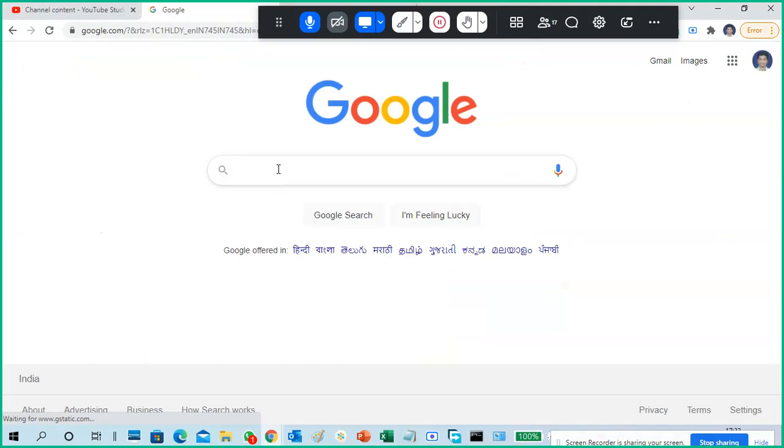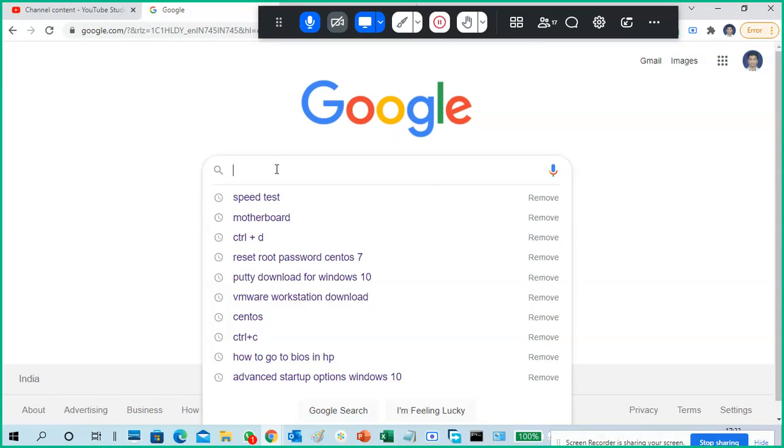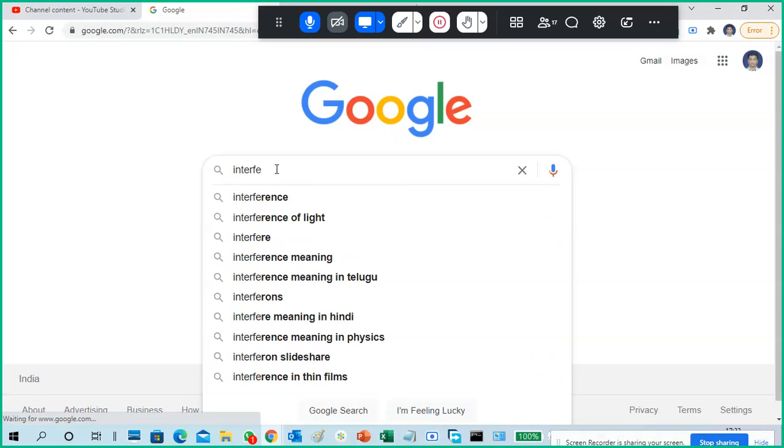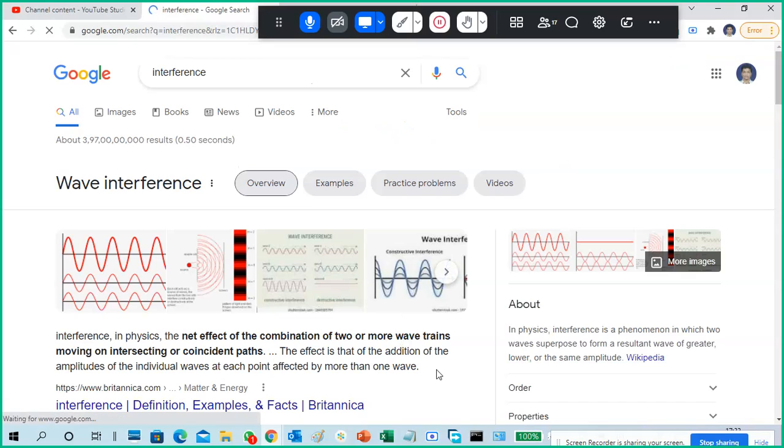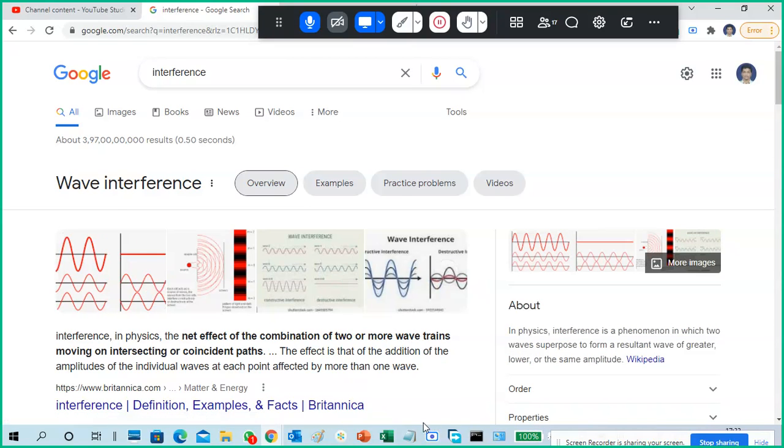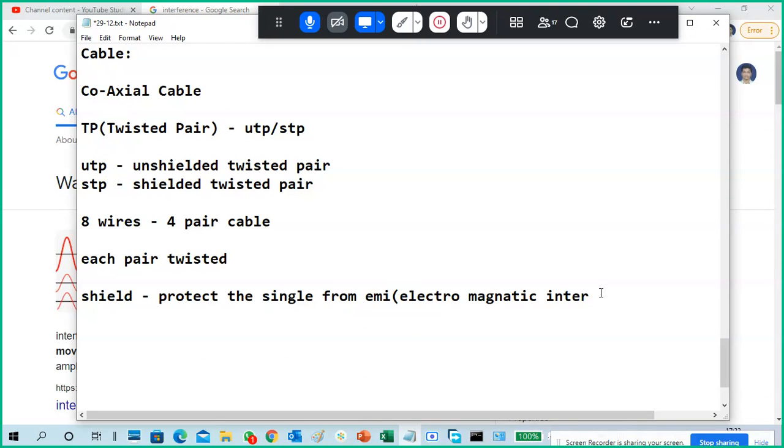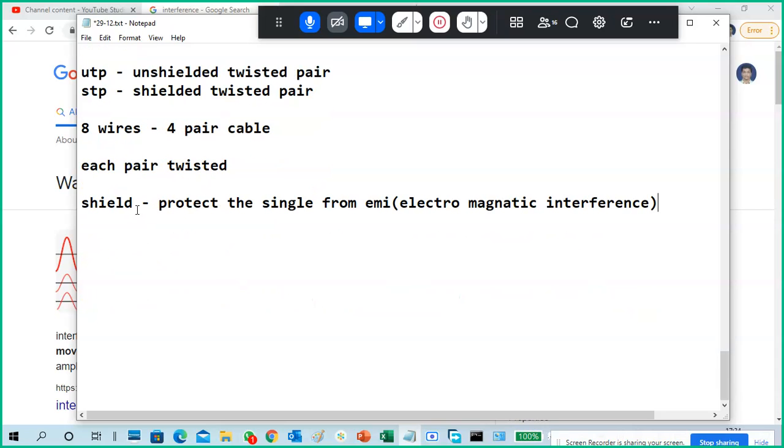That's why we are using shielding. Next, four wires, four pairs, eight wires.